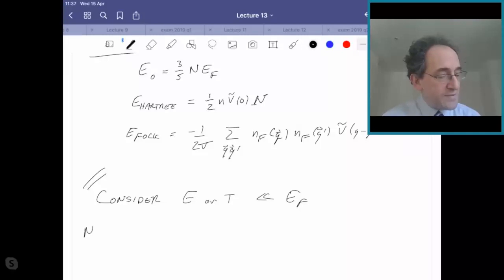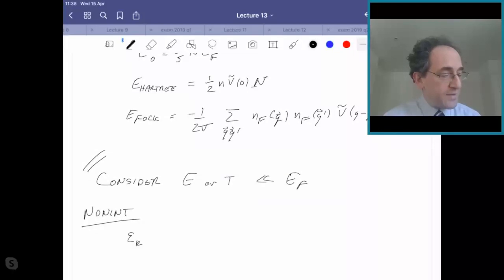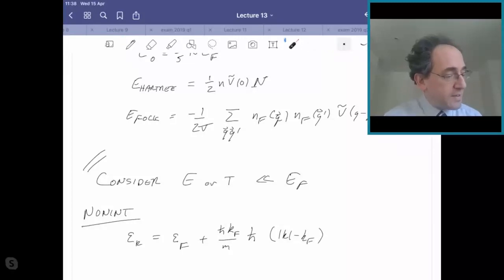So in the case of a non-interacting fermion gas, the energy of a state k near the Fermi energy is exactly the Fermi energy plus, expanding the dispersion around the Fermi surface, ħ v_F times the absolute value of k minus k_F, where this prefactor is known as the Fermi velocity.